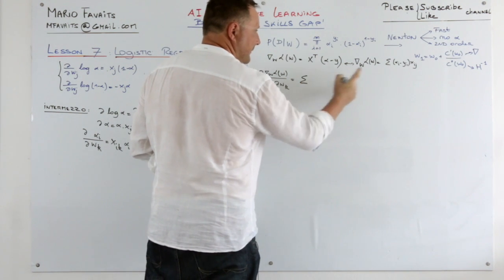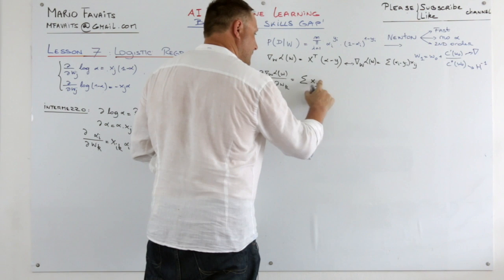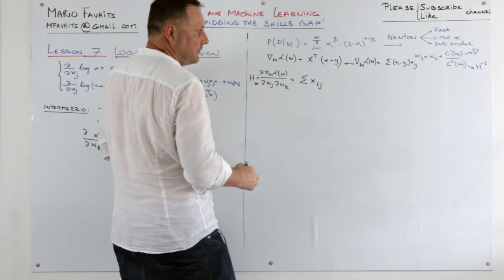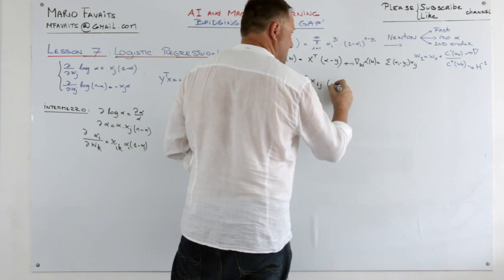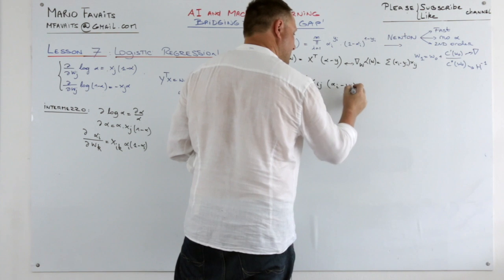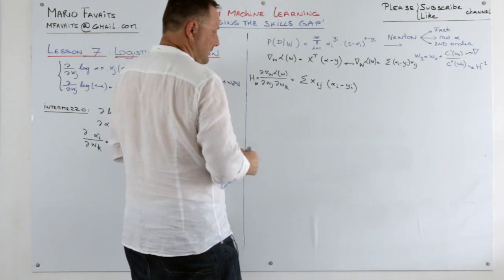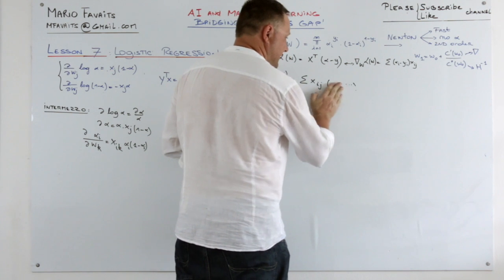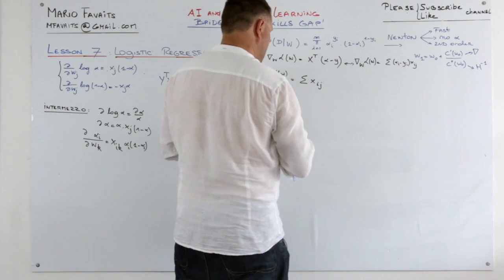So you have a sum of xij, which does not depend on W, times alpha i minus yi. But I need to take the derivative of that. Sorry, forgot.